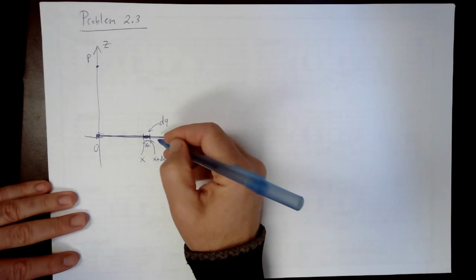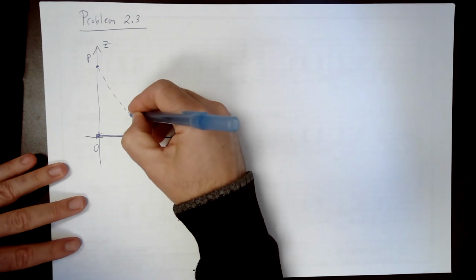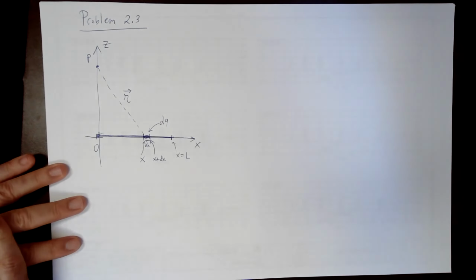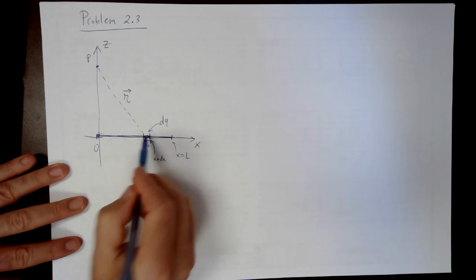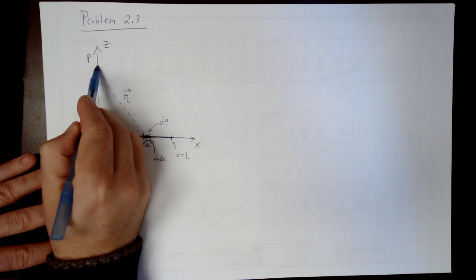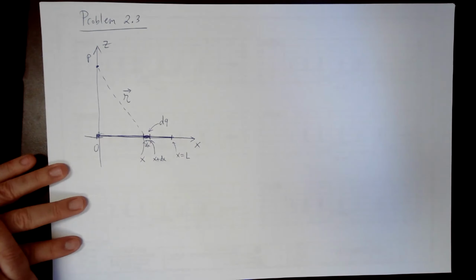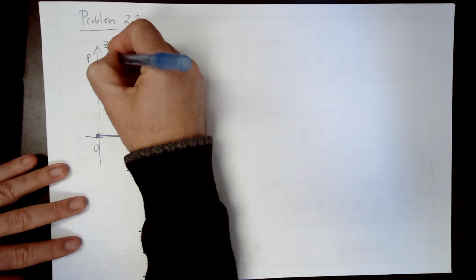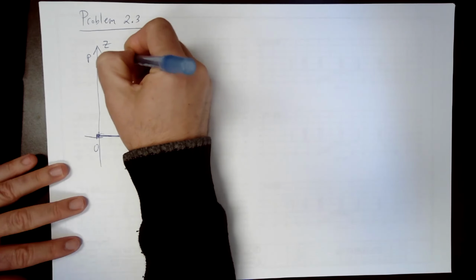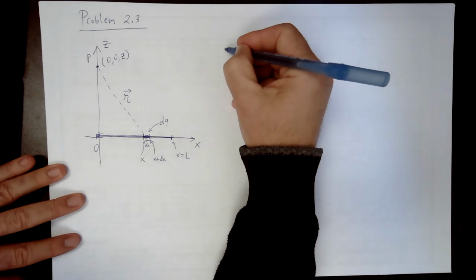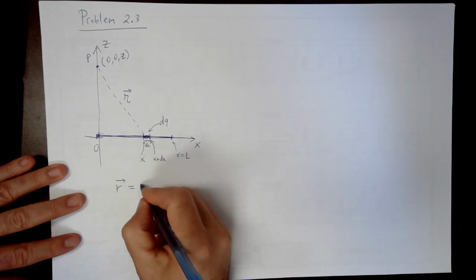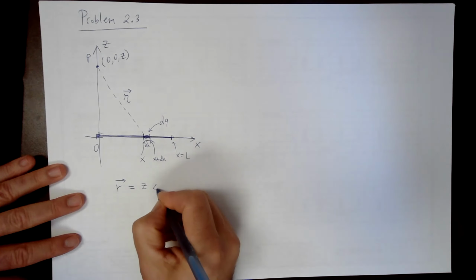So for this segment dq at coordinate x, this is my script r vector, because this is my source, this is my field point, and this is my separation vector, script r. Now, the field point I can write with coordinates 0, 0, z. So r, the field point, is z z hat.